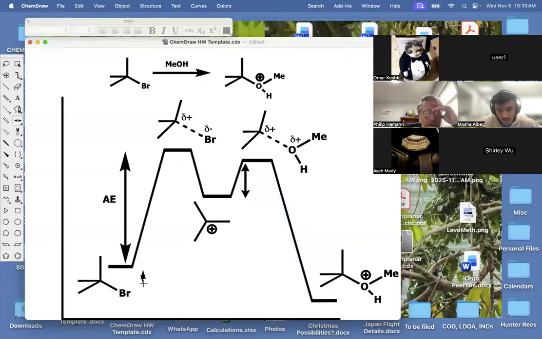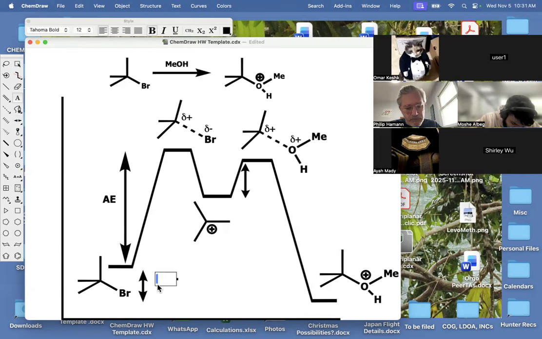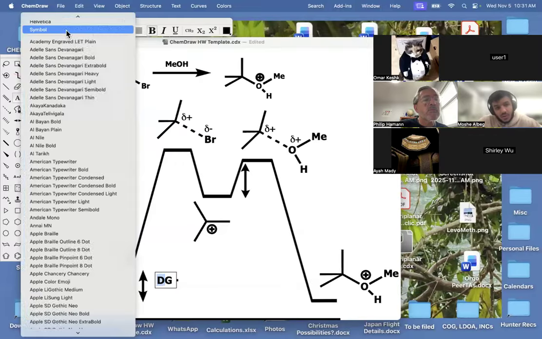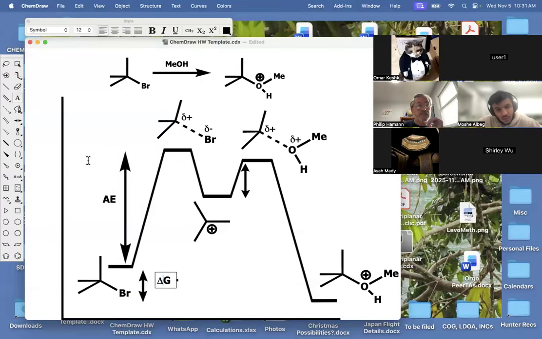So the only other really meaningful thing to do is to label this, and that would be delta G. And again, that activation energy is not really that important.